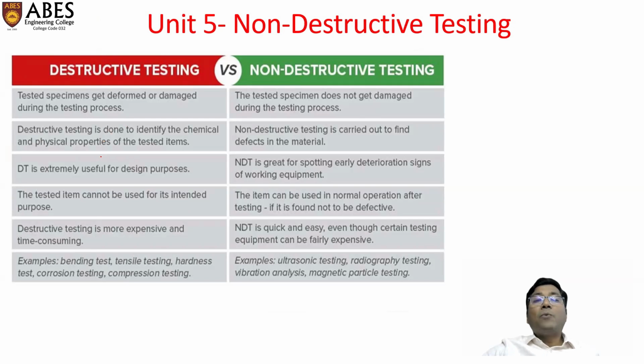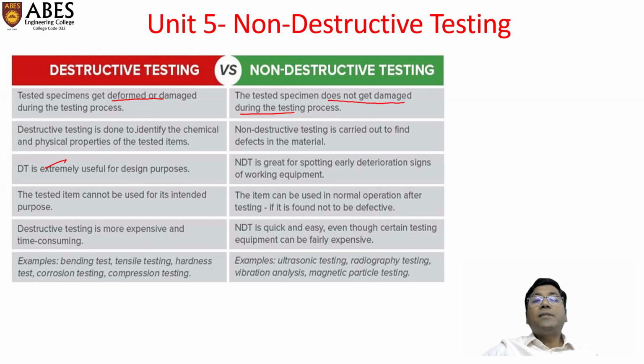If we have a quick look at this comparison between destructive and non-destructive testing, then for destructive testing, tested specimens get deformed or damaged during the testing process. In non-destructive testing, the specimen does not get damaged during the testing.